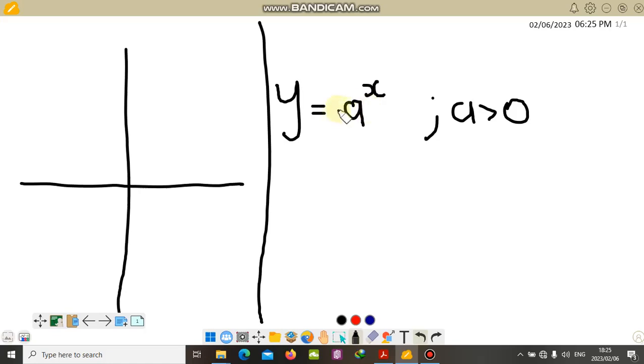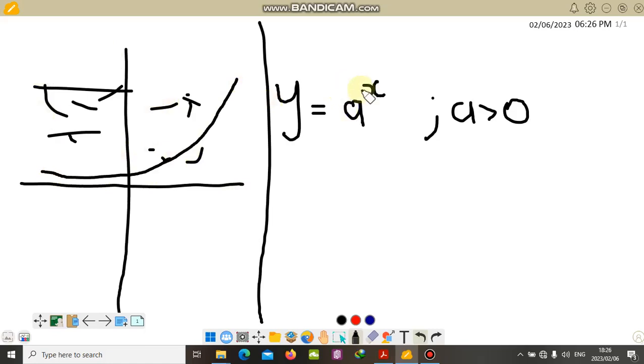But for the value of a, when a is positive, it tells you that the graph will be above this horizontal line. It can either go like this if x is positive, or it can go like that if x is negative. But because a is positive, we know it's going to be on this side. Understand that?